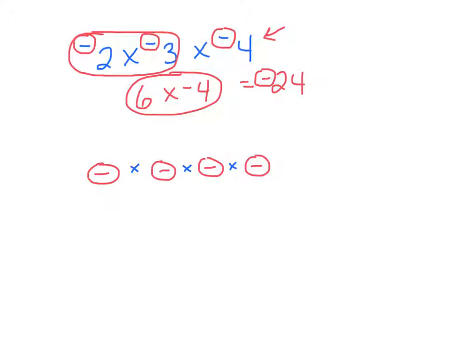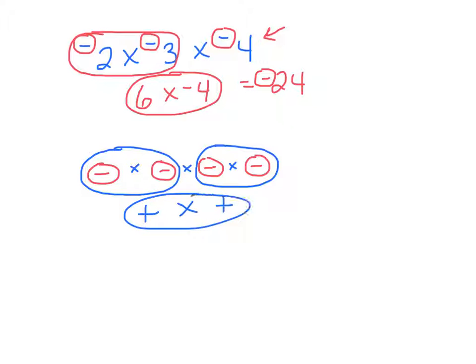How about if we have 4 negative numbers that we are multiplying together? In this particular case, the negative times the negative would give you a positive. This negative times this negative would also give you a positive, so a positive times a positive would give me a positive answer.